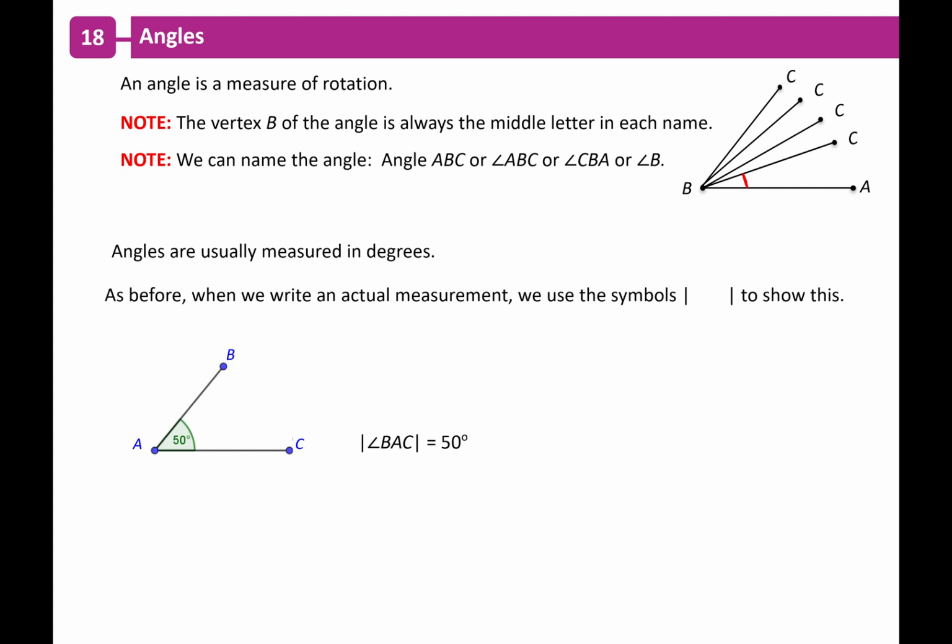Therefore, the angle BAC is equal to 50 degrees. This is the same as saying the angle A equals 50. Or we can say the angle from C to A to the point B is equal to 50 degrees also. So as long as your middle letter is your vertex, i.e. where your angle is, you can write this in different forms.